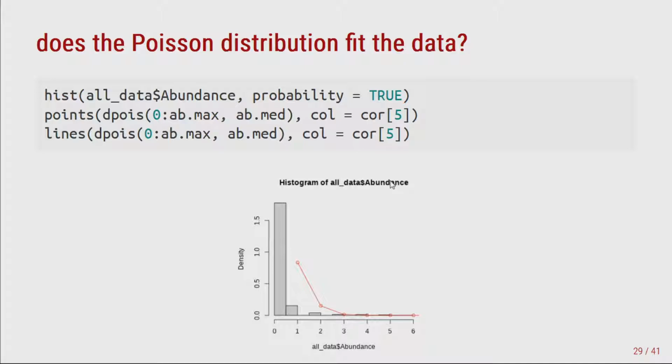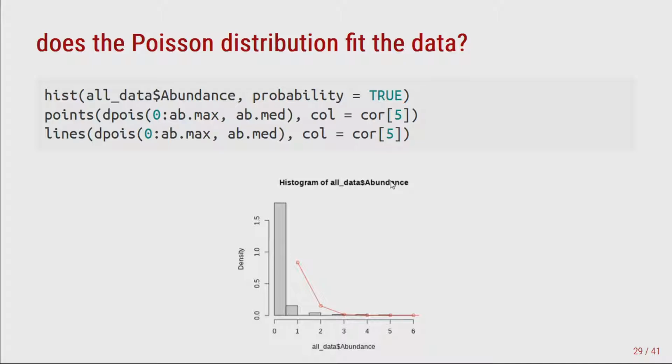We have dnorm for the normal distribution, for instance. And we will plot, a discrete distribution, from 0 to the maximum of my data with the lambda parameter that I observed in my distribution. So this is my observed parameter.